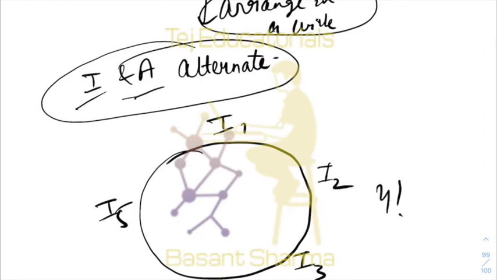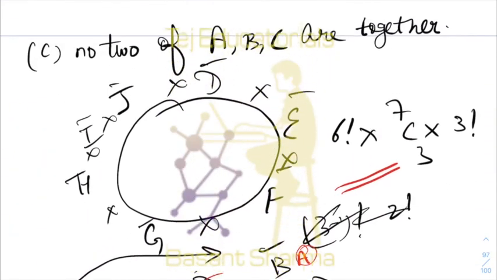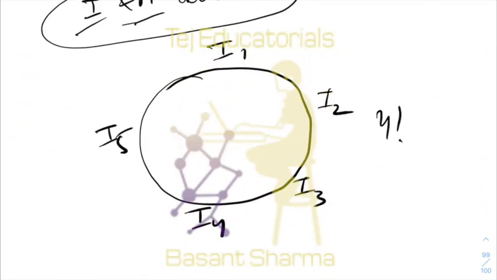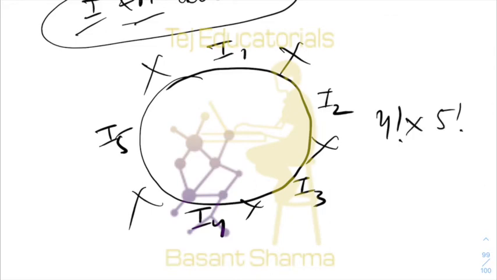Now as we discussed in the previous case, once we fix the Indians, then in the remaining gaps that we get, 1, 2, 3, 4, 5, you can arrange the 5 Americans in these 5 gaps in 5 factorial ways.